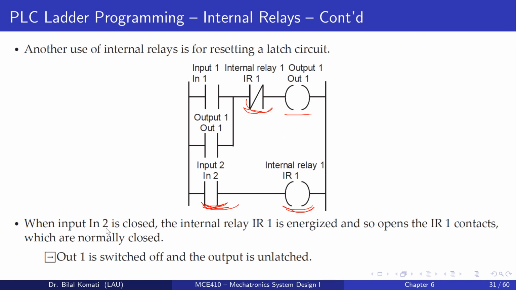When input 2 is closed, the internal relay IR1 is energized and opens the IR1 contacts, which are normally closed, and output 1 is switched off. The output is unlatched.